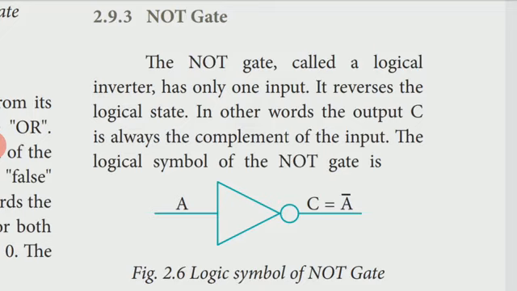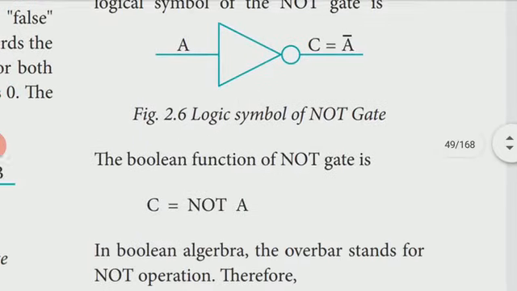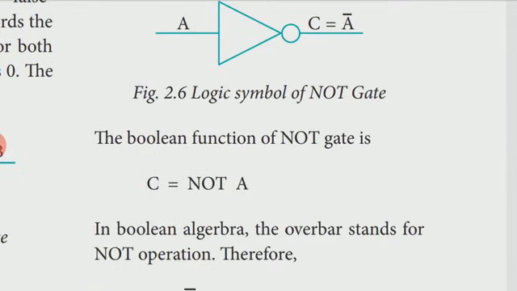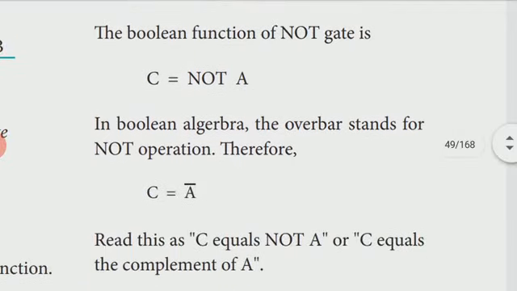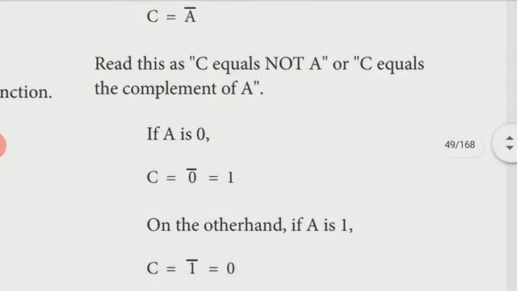See here, A is the input, and the symbol is a triangle with one bubble. We get the answer C equal to A dash or A complement. The logical function is C equal to not A, and the operator form is C equal to A dash or C equal to A complement. Like that you can write.